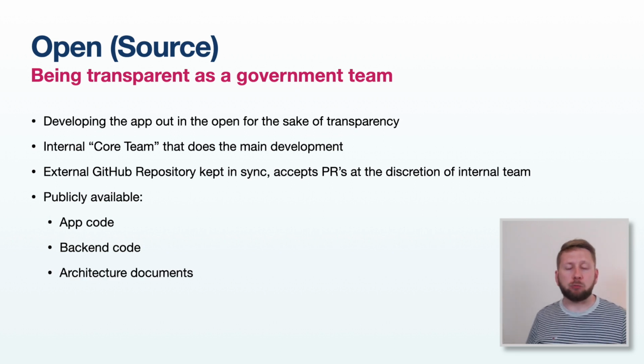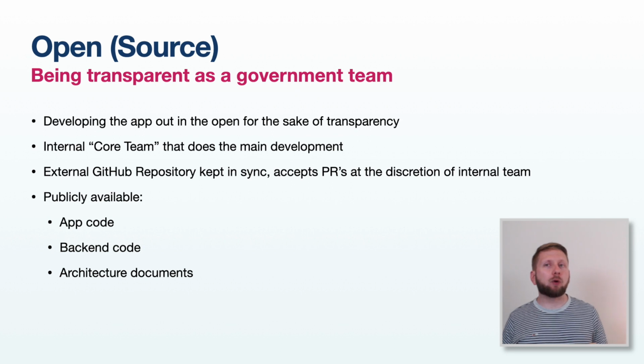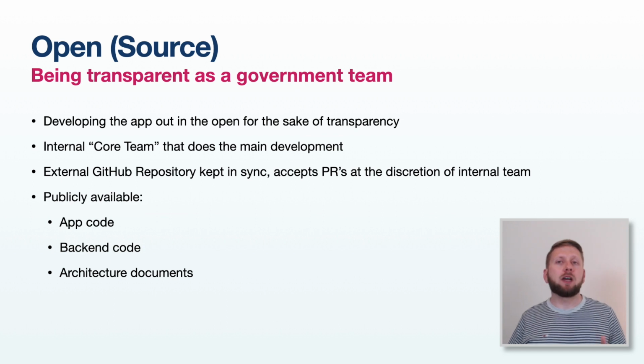We have architecture documents which very clearly describe how the entire solution works, from the front end in the application all the way to the back end and to what the GGD or the health authority is doing. So very clear description there on where data is going, how that data is secured, all of those things you can really read out in the open, which is very valuable from a transparency perspective.